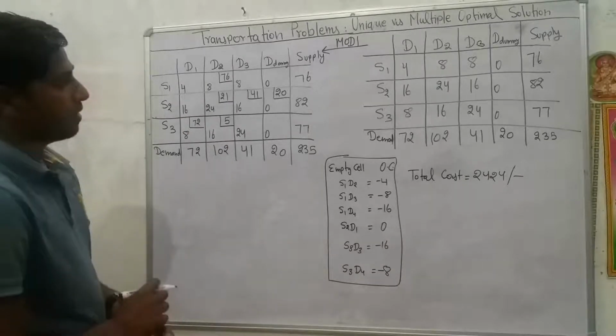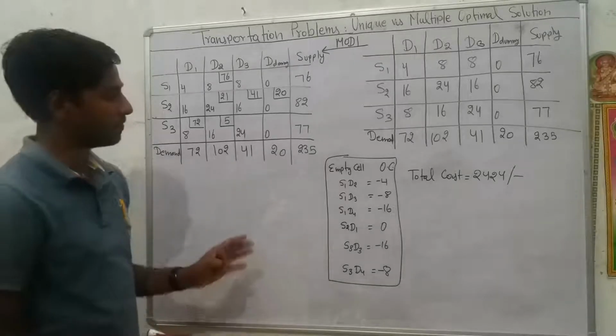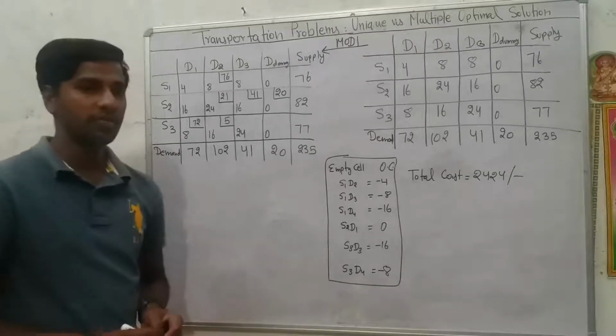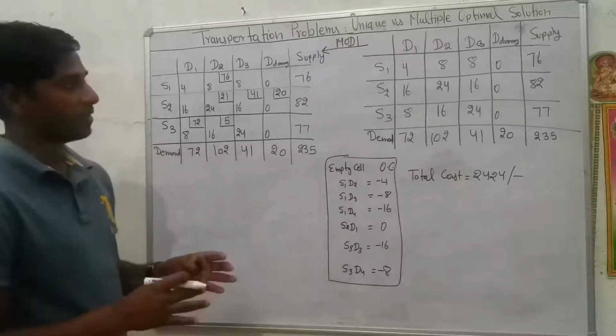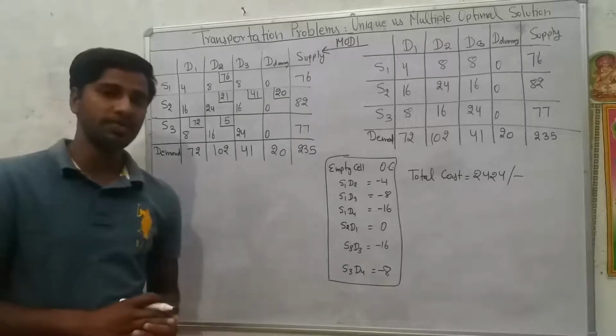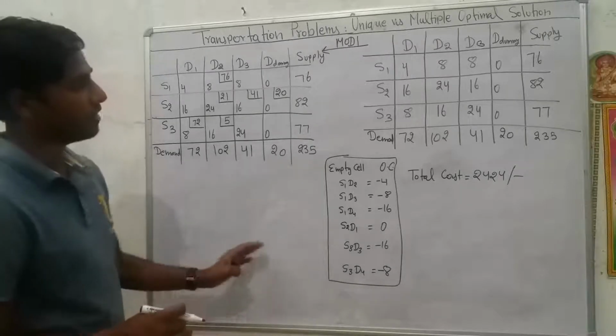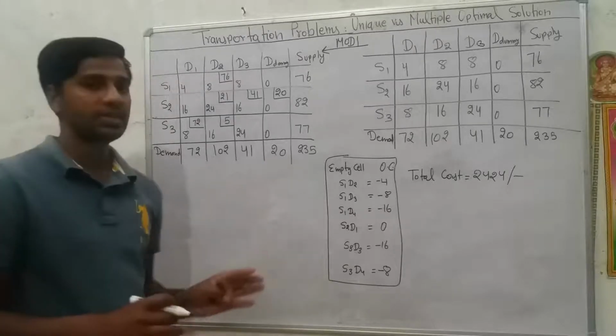So how are we going to test if there is a unique solution of the problem or there are multiple optimal solutions with the same total cost? What is the meaning of multiple optimal solutions of a problem? It means that we have more than one optimal solution of the problem which are going to produce similar results.